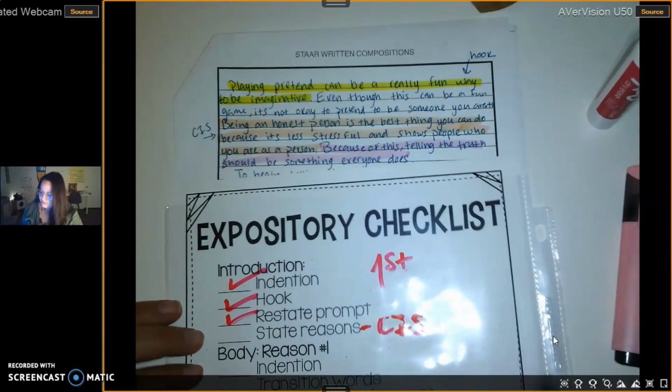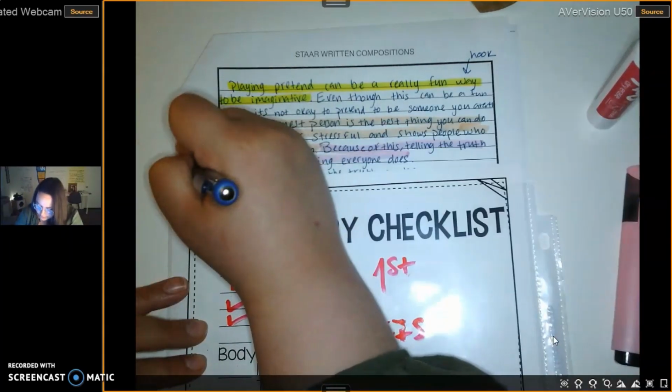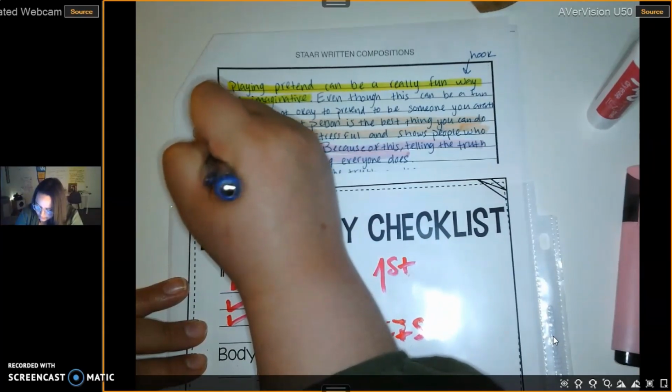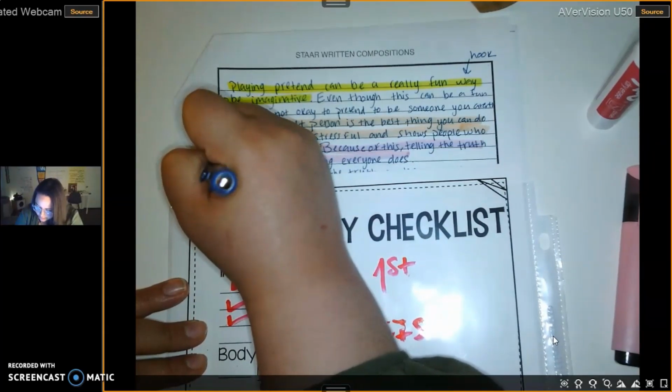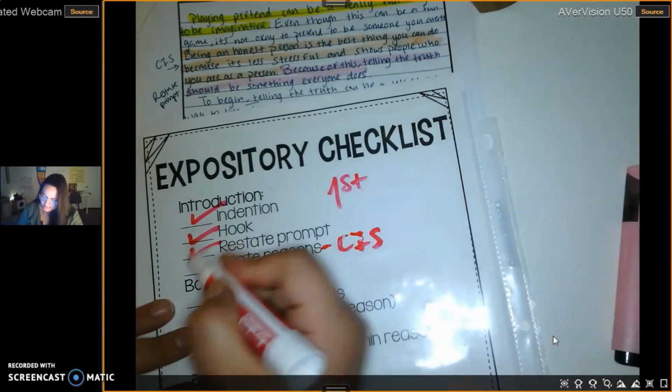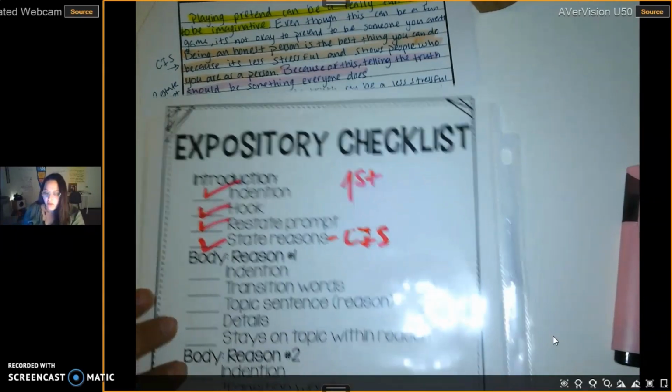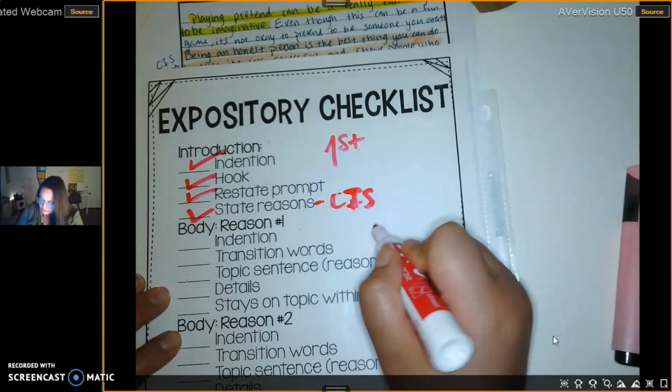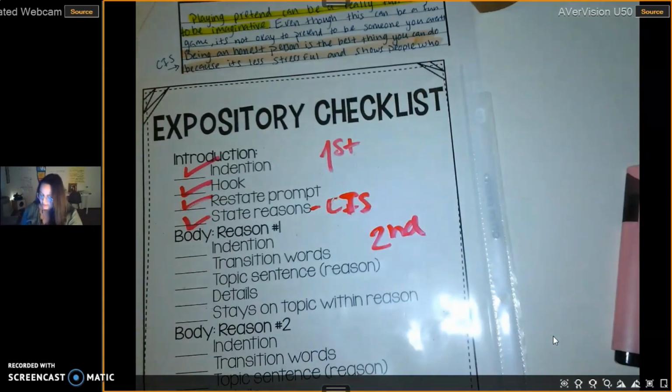Good. And I forgot to label restate prompt. There. Okay. Oh, and I got all my checks. Yay. So because I got all my checks, I'm ready to move on to the second paragraph.